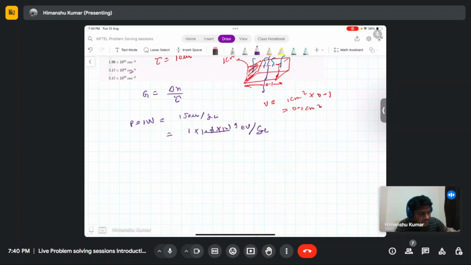So this will be 1 by 1.6 into 10 power minus 19 electron volt per second.